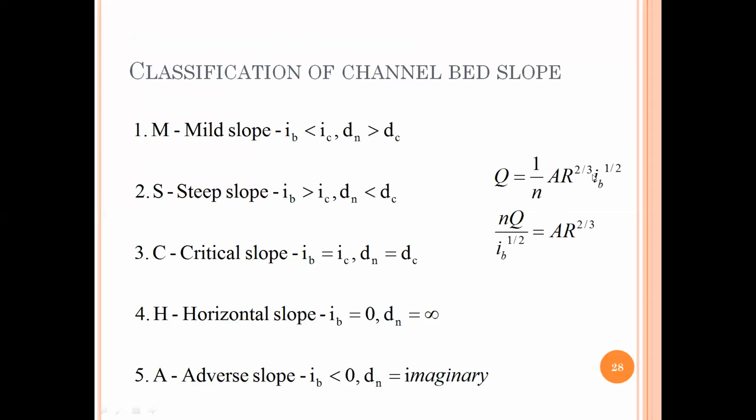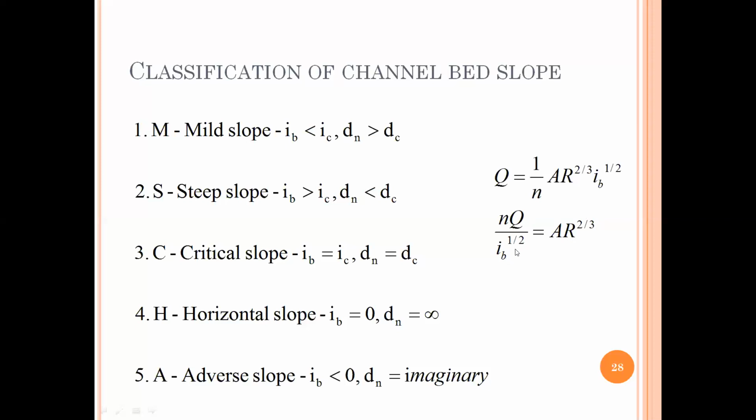Now, if I take N and IB to the left-hand side, the right-hand side terms are all with respect to the channel section property. A is the wetted area, R is A by P, again channel section properties. So the right-hand terms are based on the channel section and the left-hand terms are discharge, N and IB.